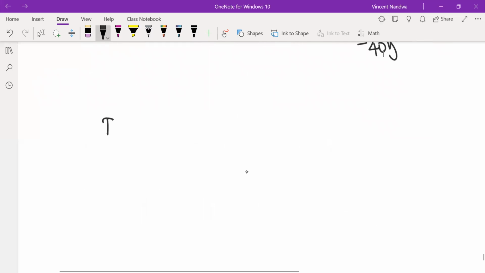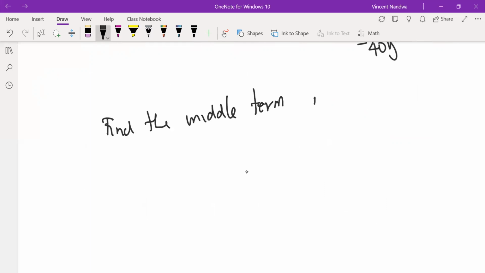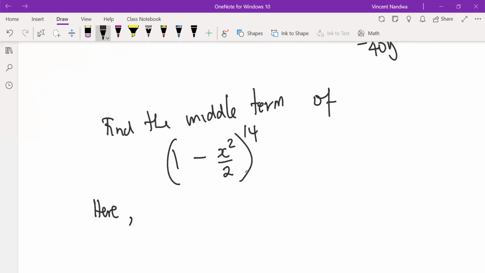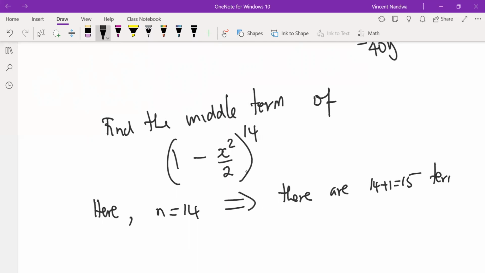Then find the middle term of this expansion, (1 − x^2/2)^14. So here, n equals 14, which means there are 14 + 1, which is 15 terms.